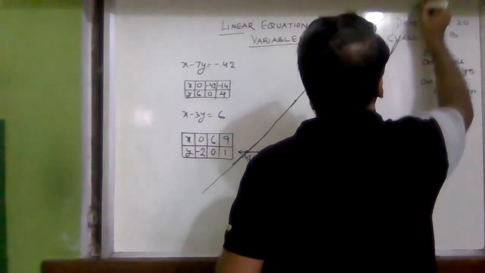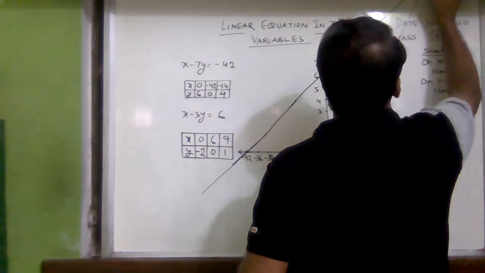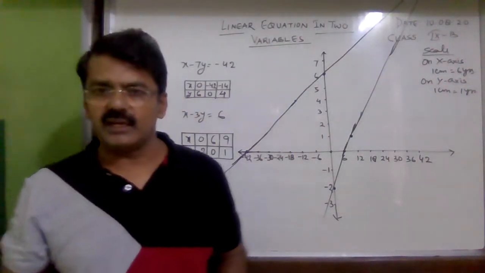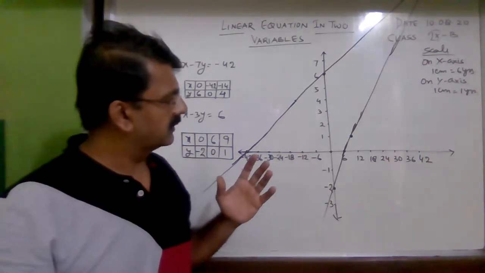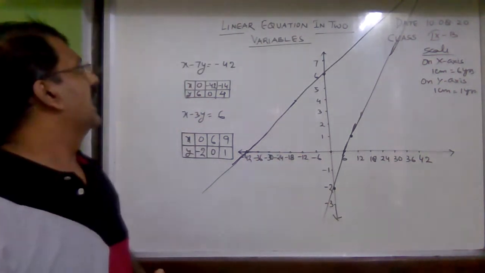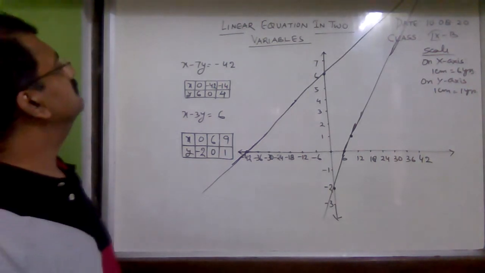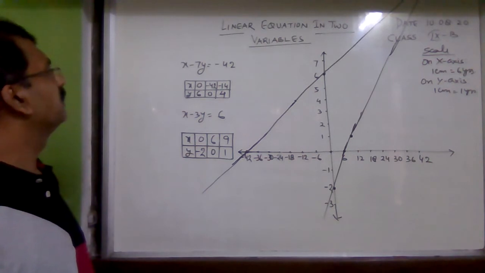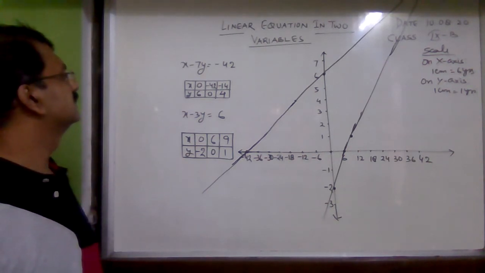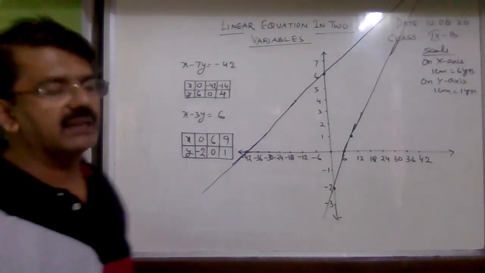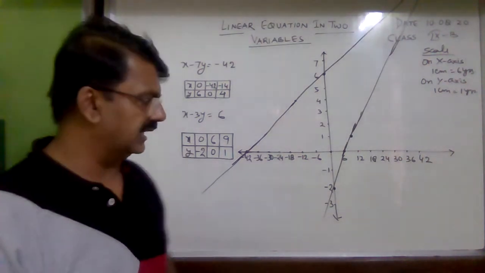So when these two equations meet, at the point at which they meet, you will see there the value of x will be 42 and value of y will be 12 there. That was the answer. Clear?